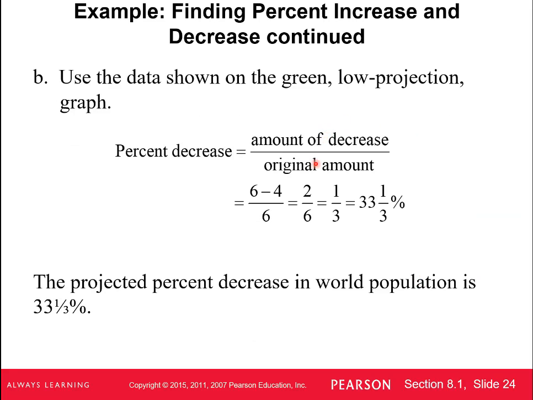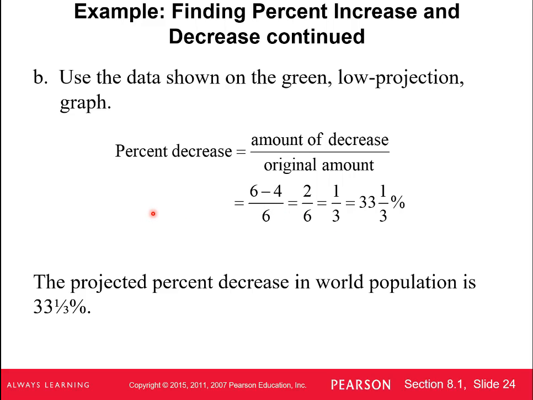So that is the amount of decrease divided by the original amount. The amount of decrease is 6 minus 4, that's 2. It's decreased by 2. The original amount is 6. These are all in billions. That as a fraction is 1/3. 1/3 is 33.33%. So the projected percent decrease in world population is 33.33% according to that model.